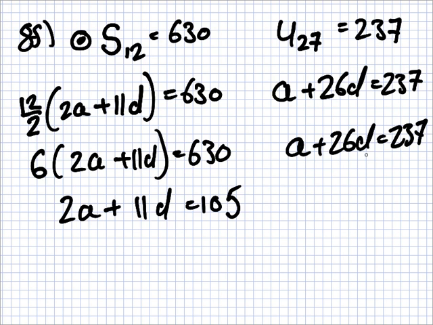Now what I'll do is I'll multiply this equation by 2. So now I have 2a plus 52d equals 474. Yeah, 474.